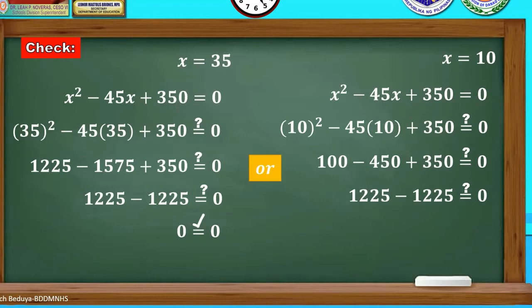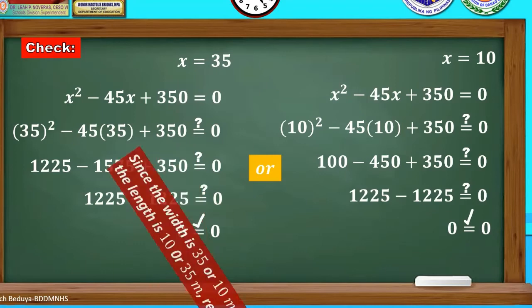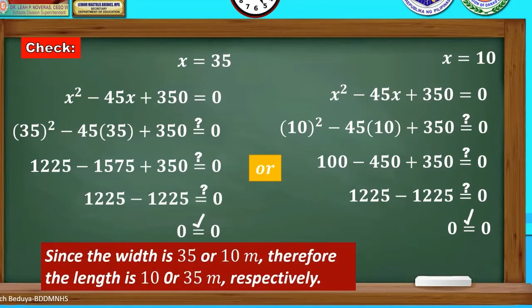Yes, 0 is equal to 0. Since the width is 35 or 10 meters, therefore, the length is 10 or 35 meters respectively.